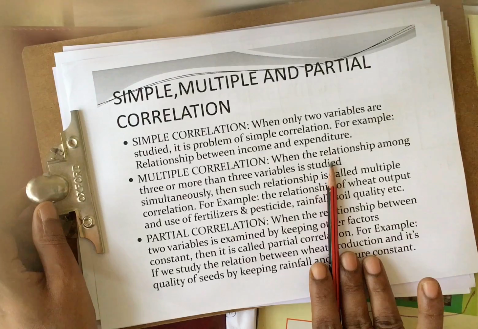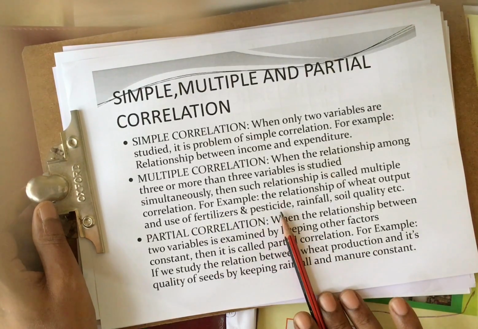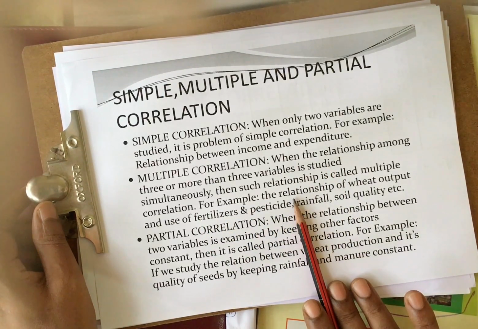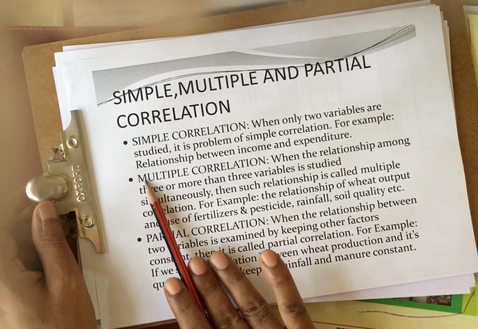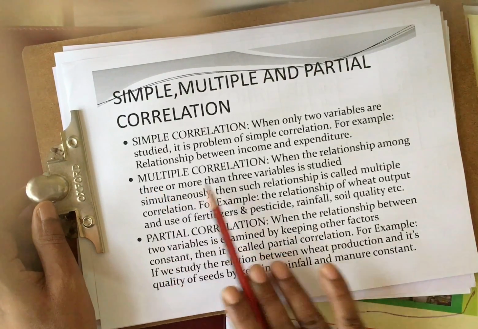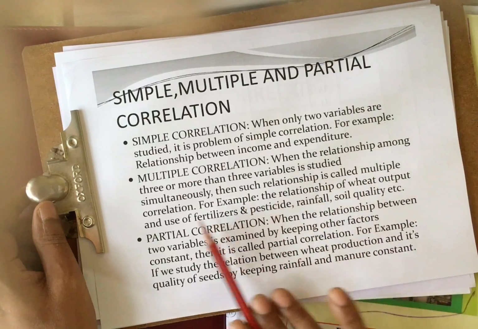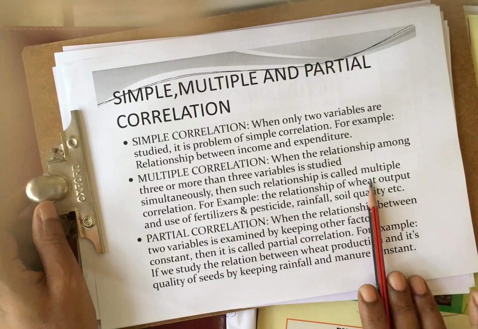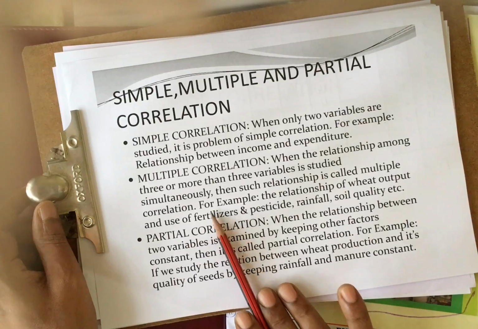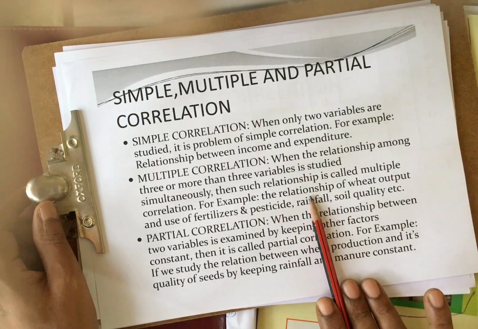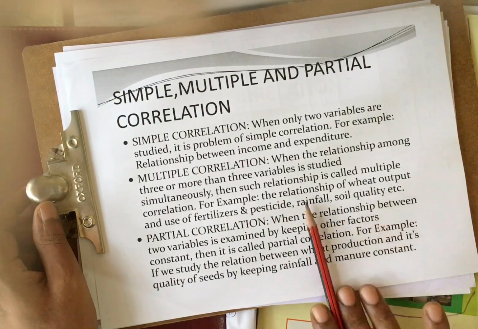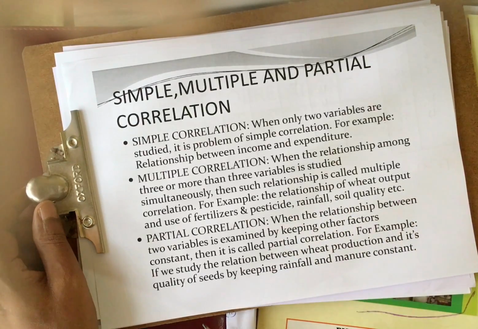So here we can study more than two variables, and that is studied in multiple correlation. So here you see the relation is called multiple correlation. Example given: wheat output and use of fertilizers, pesticides, rainfall, soil quality, and different other factors also, not only one factor.